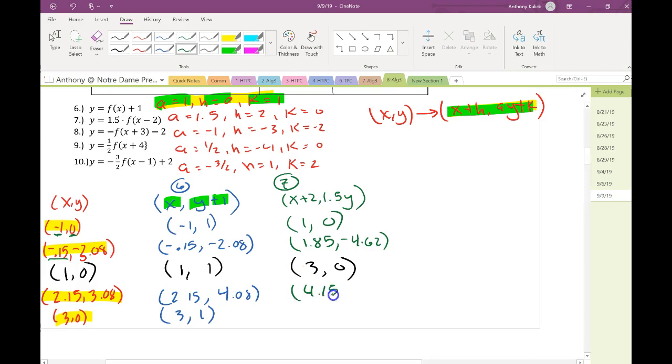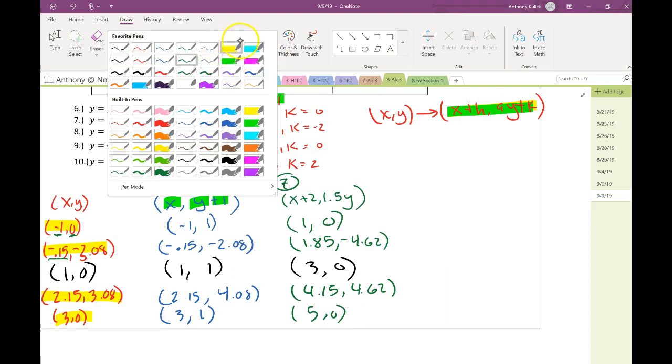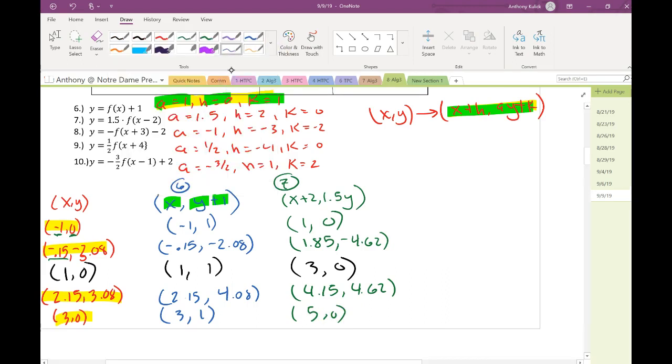So 4.15, and then positive 4.62, and then 5, 0. So far, so good. Get the idea here.